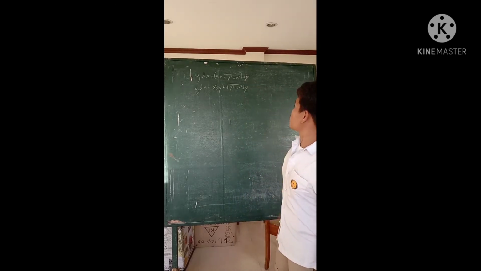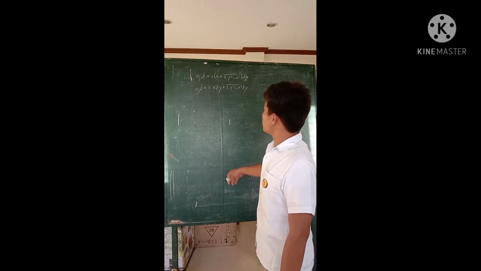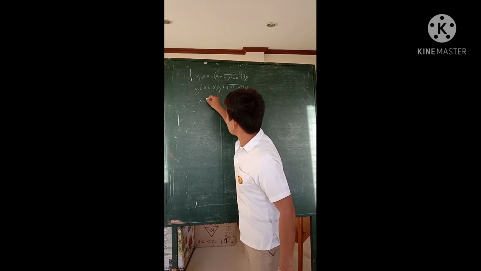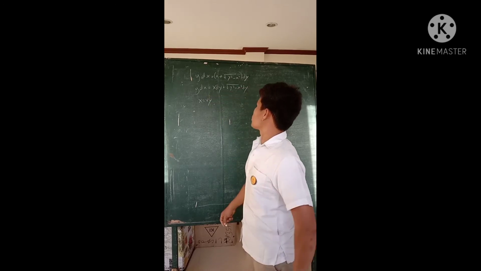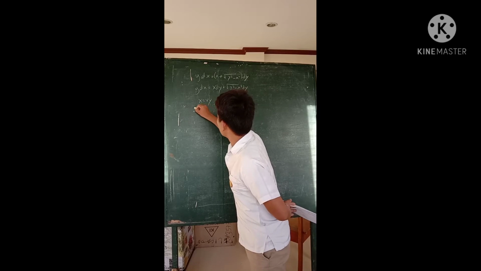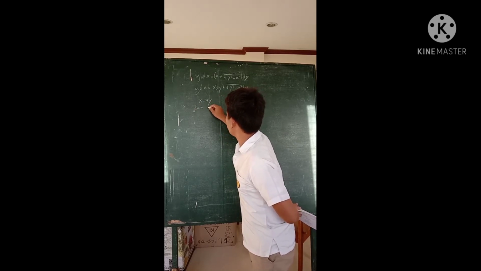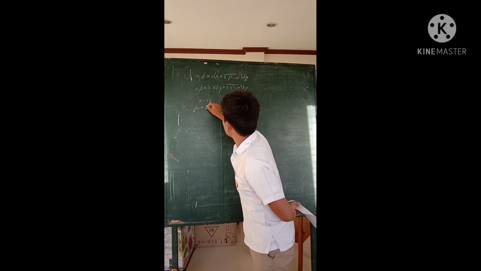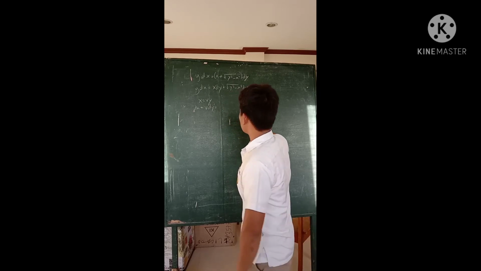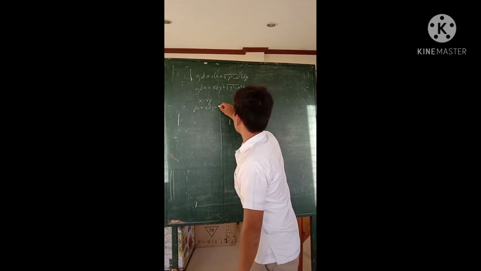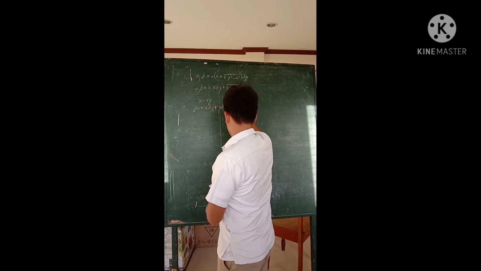Okay, since we have distributed the dy, let x equal vy. So the derivative dx equals v dy plus y dv.